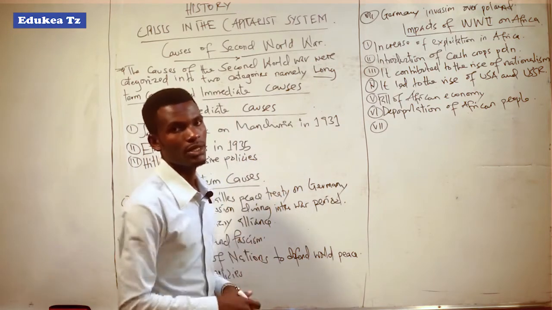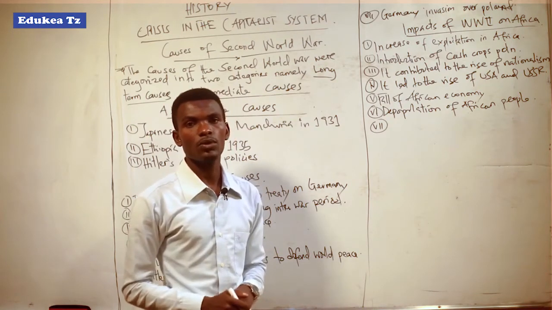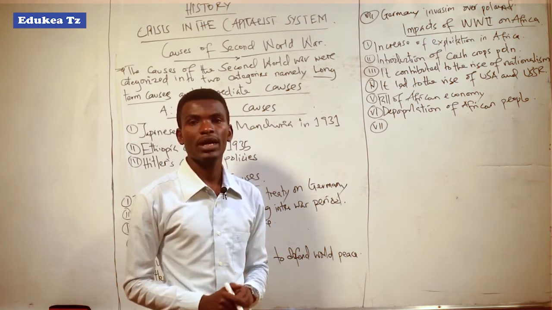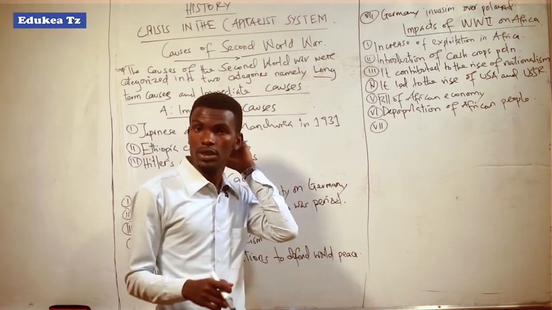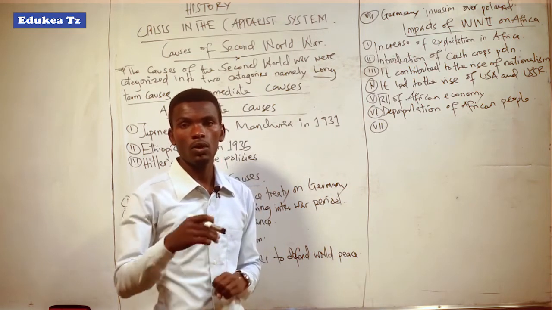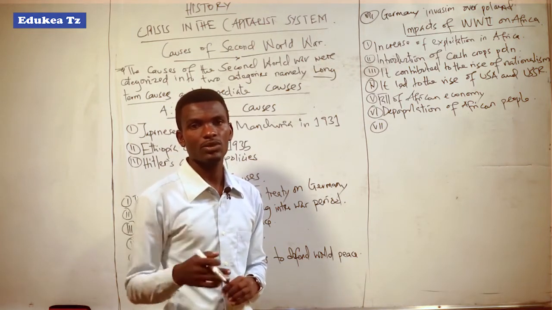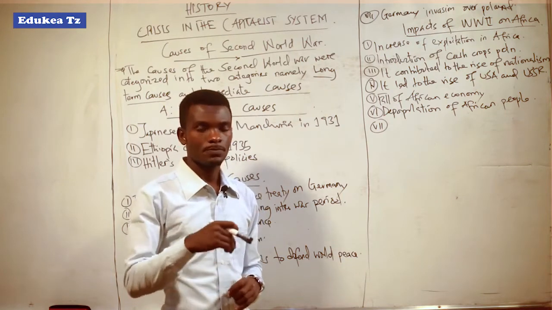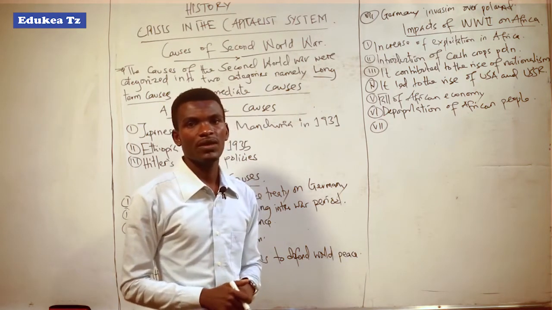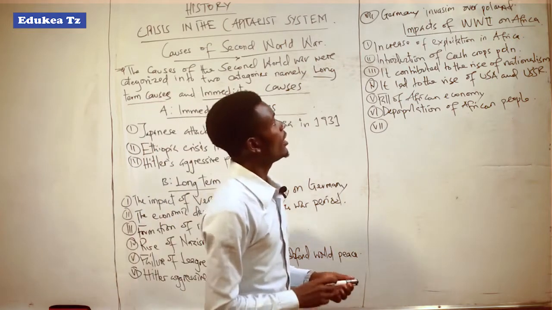So in that way, it led to the occurrence of the Second World War, because those dictators were interfering with the economic interests of the other European countries, which was against the agreement posed during the Versailles Peace Treaty of 1919.